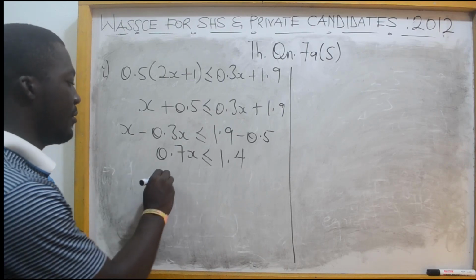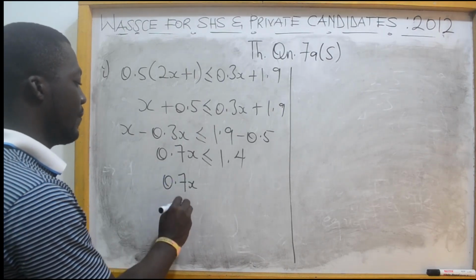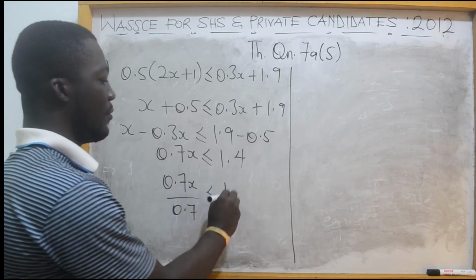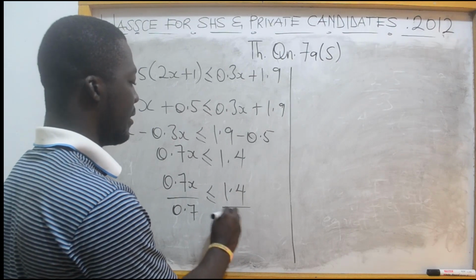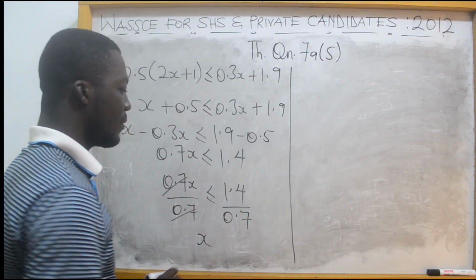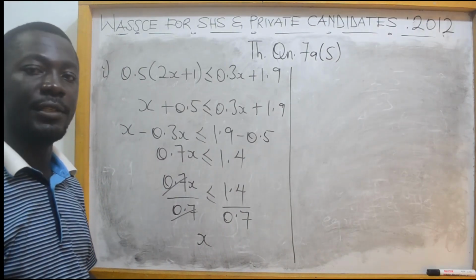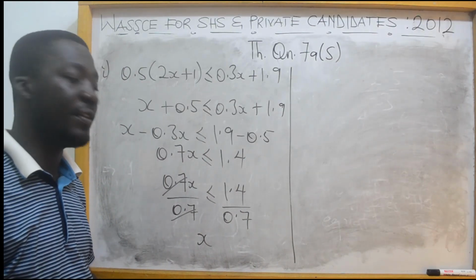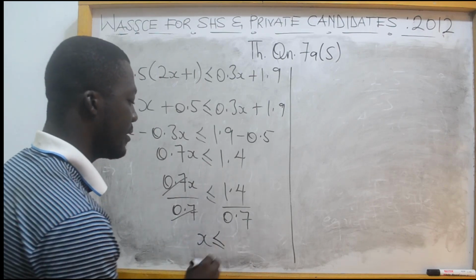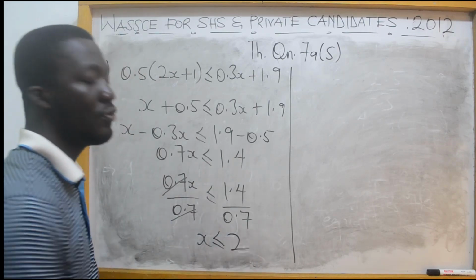So 0.7x divided by 0.7 less or equal to 1.4 divided by 0.7. 1.4 divided by 0.7 is going to give us 2. So x is less or equal to 2.